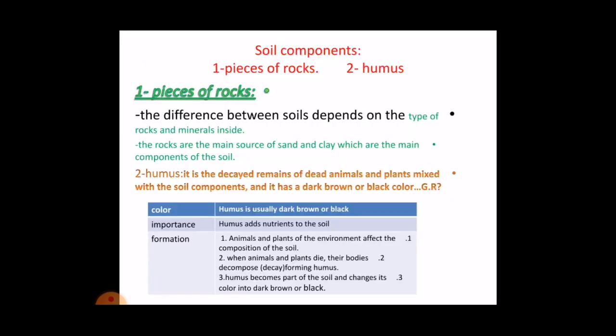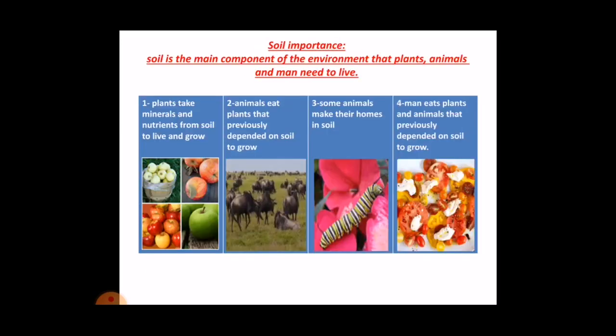What is the importance of the soil? Soil is the main component of the environment that plants, animals, and man need. Number 1, plants take minerals and nutrients from soil to live and grow. Plants absorb water and nutrients from the soil for the photosynthesis process to make their food and grow.